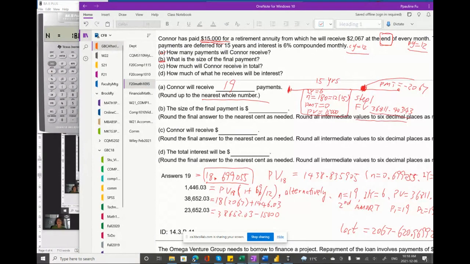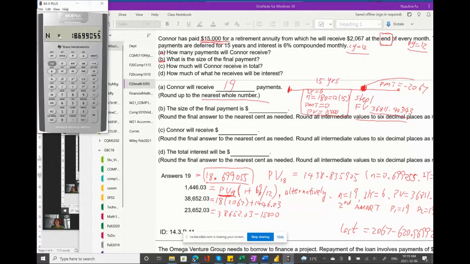So we need to calculate what is the present value at the end of the 18th payment. How do we do that? You just need to enter 18. 18 is term N.